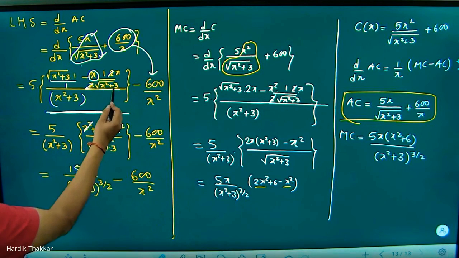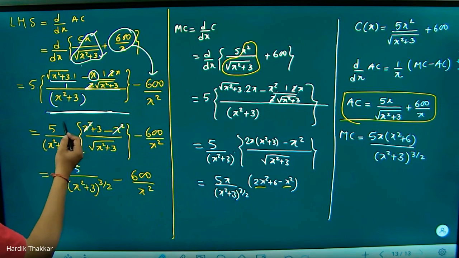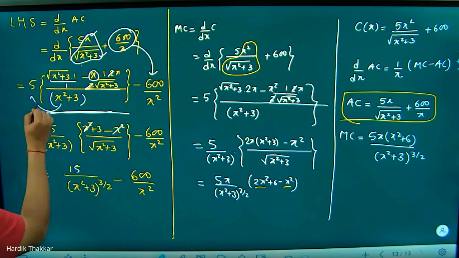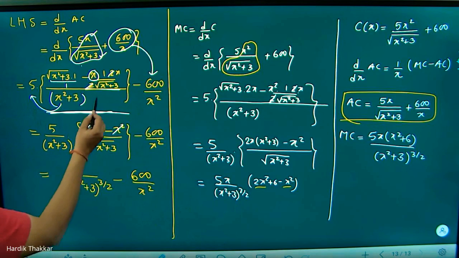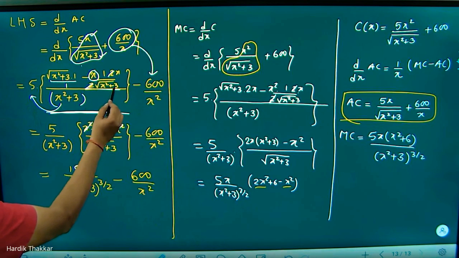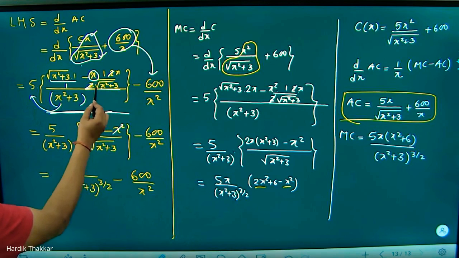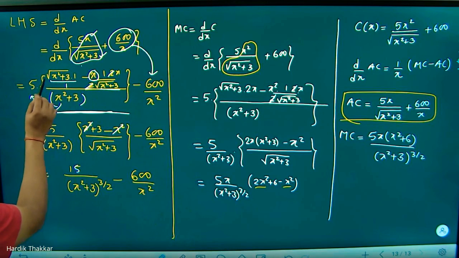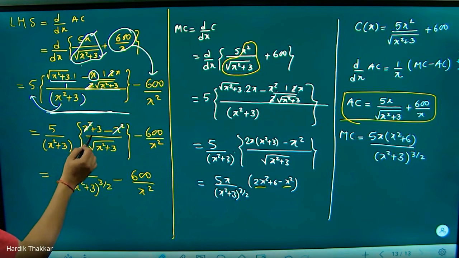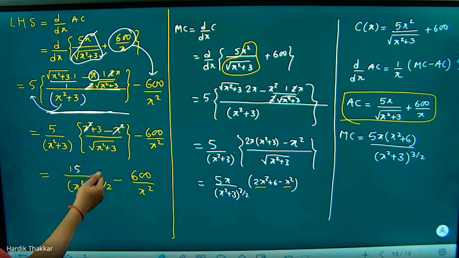So I have taken x square plus 3 as LCM. And also I have taken this part outside this bracket, so it will be like 5 upon x square plus 3. And when we take root x square plus 3 as LCM, this term gets multiplied with this term, and we can remove the root. Okay, yes, sir. Is it clear till this step? Yeah.